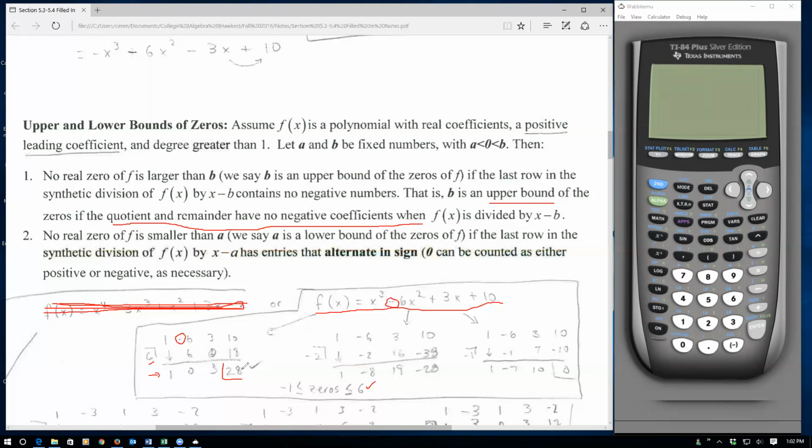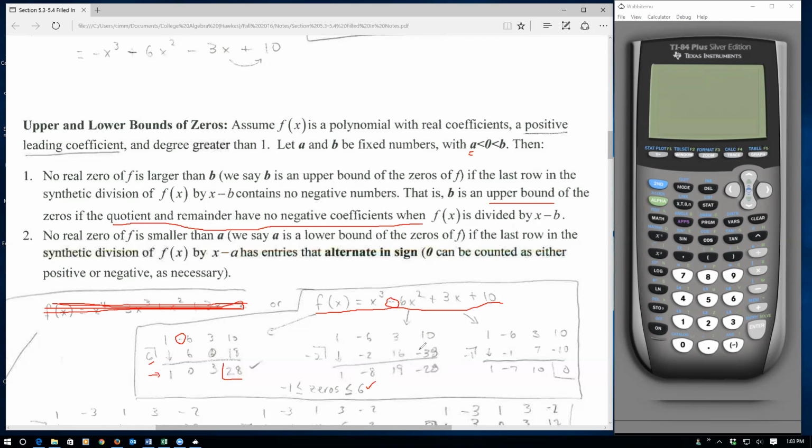To find the lower bound is a little bit more tricky. What we want to do is make sure this alternates in sign when we divide. So we're looking for a negative number now, a number that's less than 0. Then when we divide this polynomial by it, it's going to switch positive, negative, positive, negative. I'm looking at this -6, and if I start bringing a 1 down, I need to make sure this is big enough that this stays positive, but when I multiply by the number, I get a negative over here.